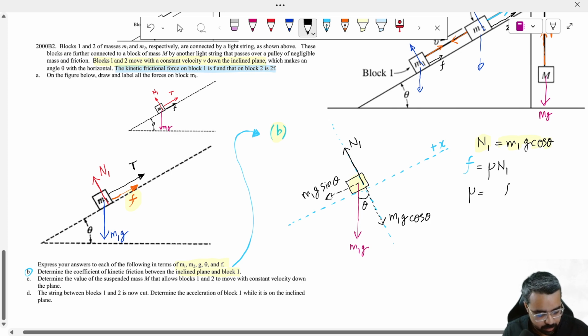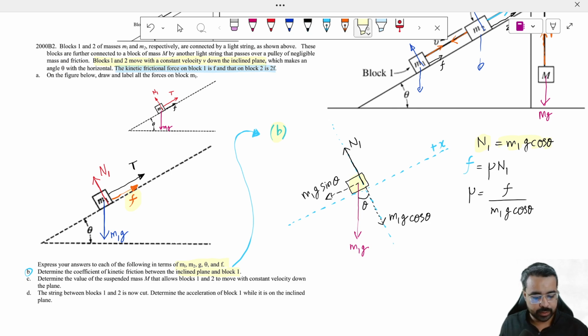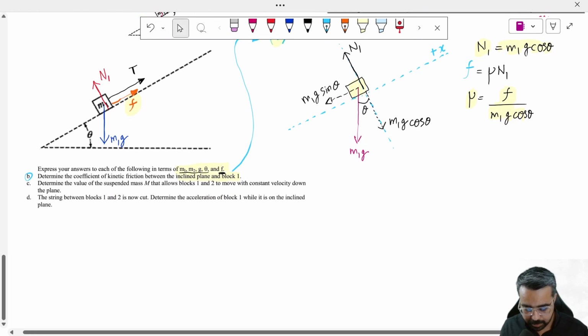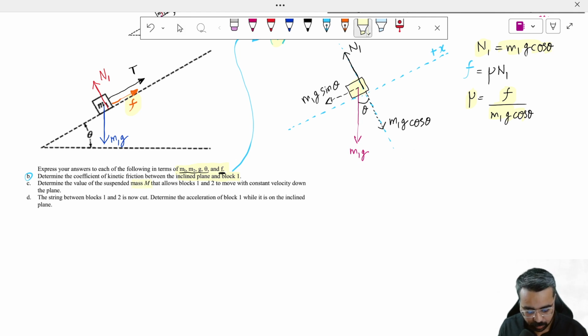That should be equal to F over m1g cos theta. This is the desired expression, because they said that your answer must be in terms of these variables. Now in the next question they are saying determine the value of the suspended mass, capital M, that allows blocks 1 and 2 to move with a constant velocity.